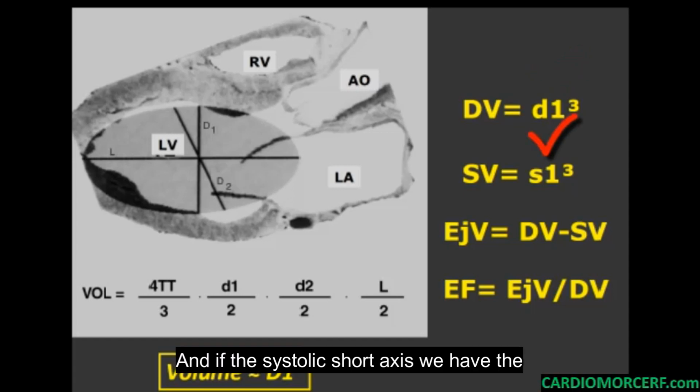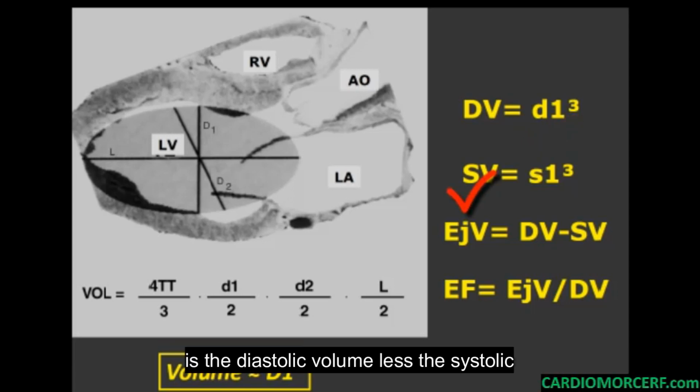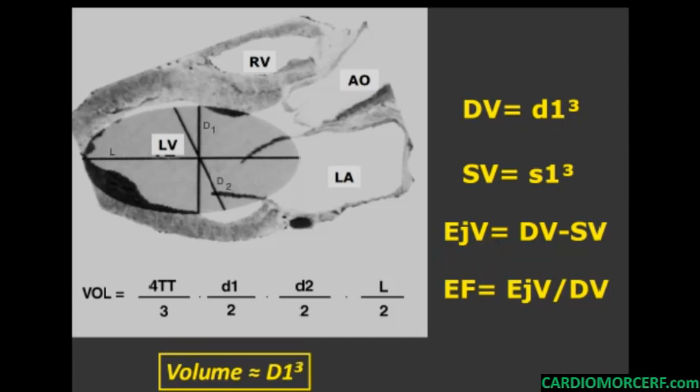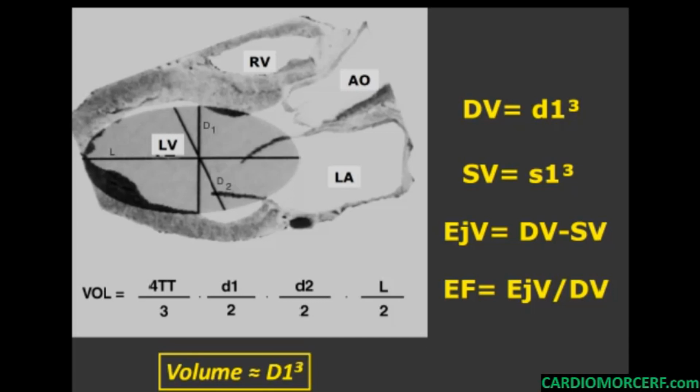And if we cube the systolic short axis, we have the systolic volume. Then the ejection volume is the diastolic volume less the systolic volume. And the ejection fraction is the ejection volume by the diastolic volume times 100. It is an easy, rapid, and reproducible method, and all the echo machines do it almost automatically, although certainly it is not accurate.